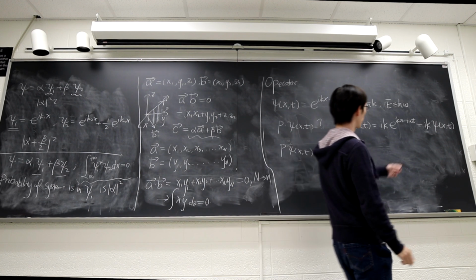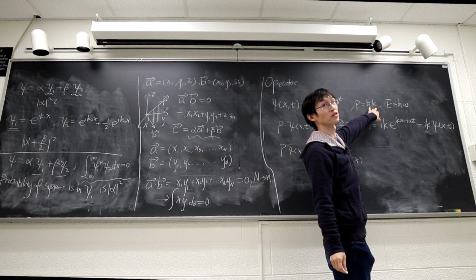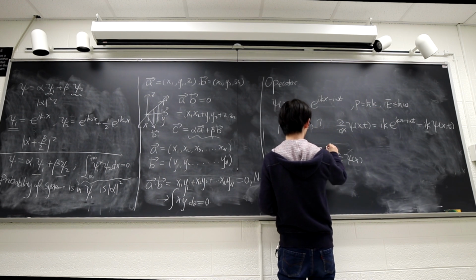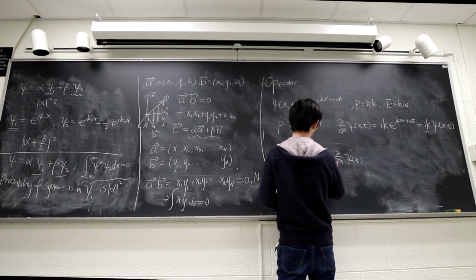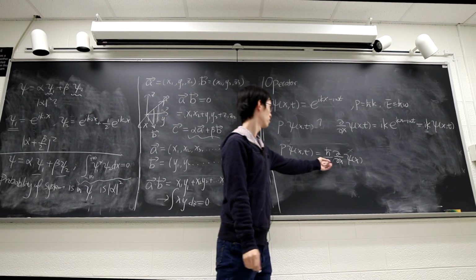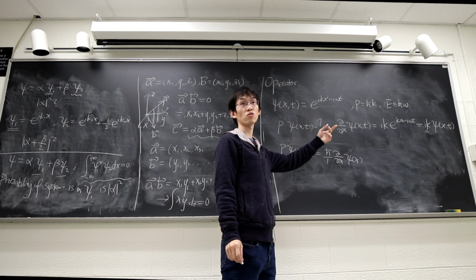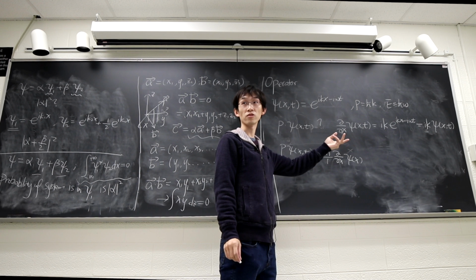Okay, it gives you ik, but you want h bar k. That's your momentum. So times h bar, and then divided by i. It works for a plane wave. Plane waves construct all the waves, so it must work for all the waves.